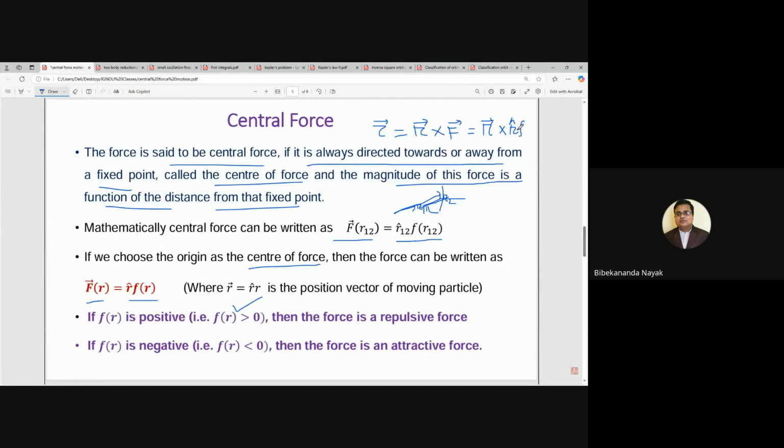So can you guess the value for this? This will be r vector cross r cap. R vector means magnitude r times r cap.